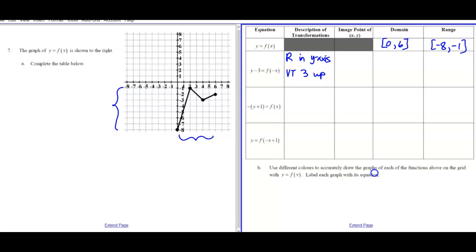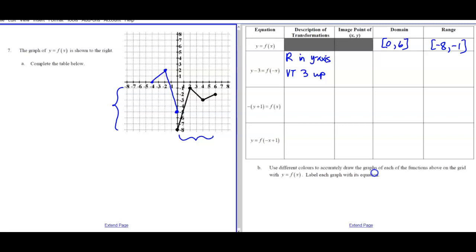I'm going to graph it right now and then I'll fill in, or you can vice versa. So this point here, I'm reflecting in the y-axis, which doesn't change it, and then I go up 3. This one reflects in the y-axis, which becomes -2, and then 3 up. This one becomes -4, and then 3 up.